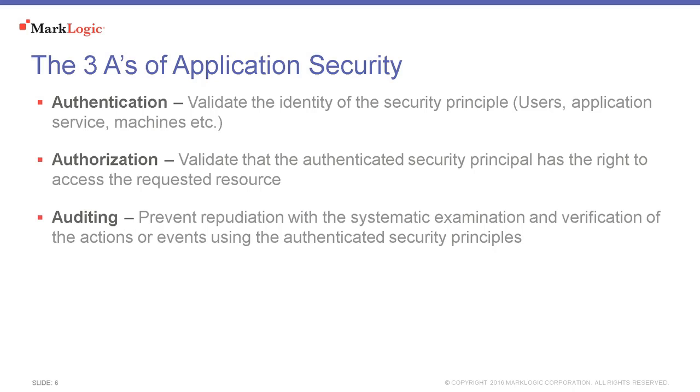Authorization is ensuring that the authenticated security principal has the right access to the right resource. And these two are different. So sometimes people think they're the same, but they're not. For example, you might have username, password, credentials, and you might log in, but you might not be authorized to do anything in the system. So even though you're authenticated, you don't have access to any resource.